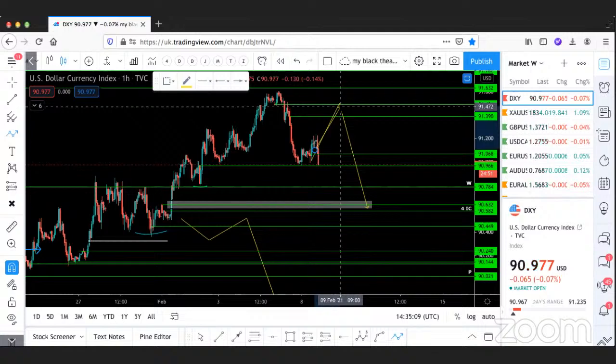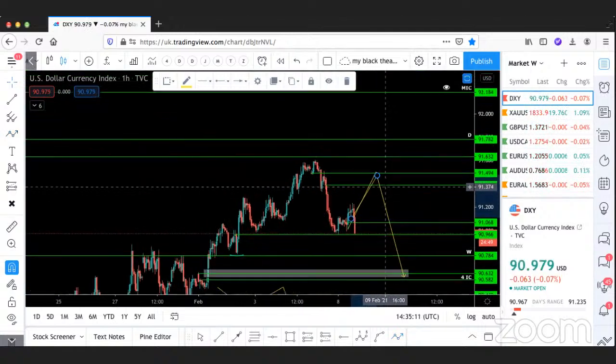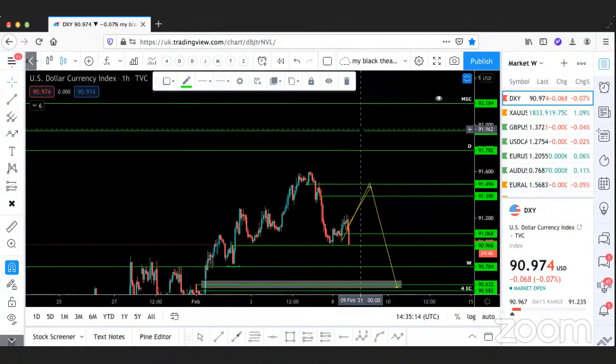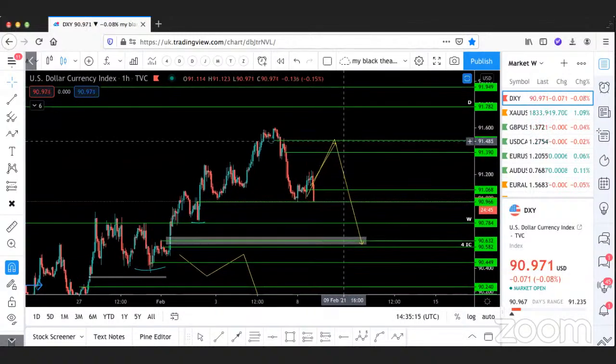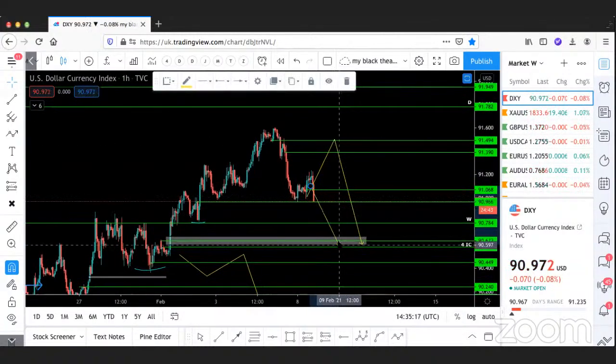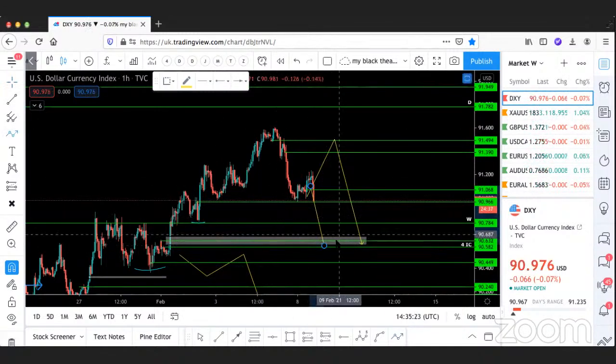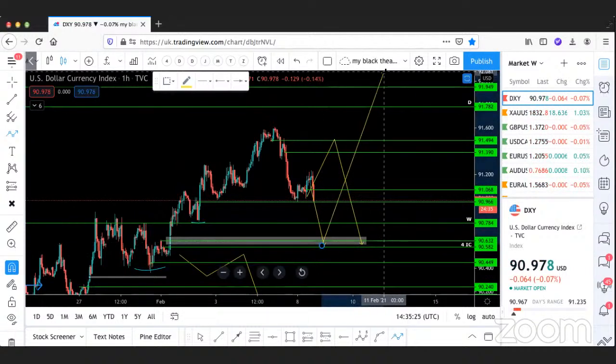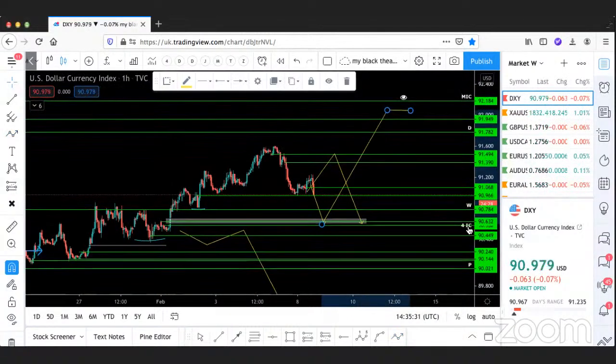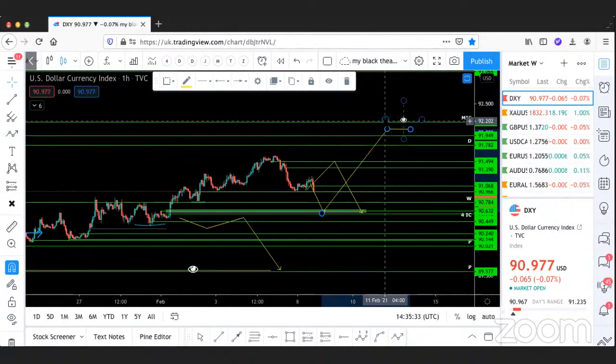Then it moves down further, to come to this price level area, then continue up towards the target that we set on top, which is a monthly institutional candle.